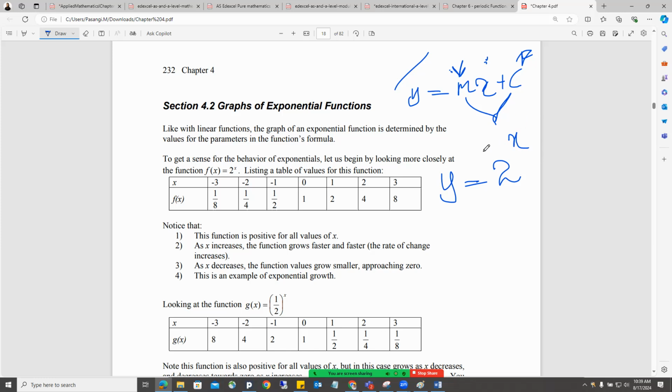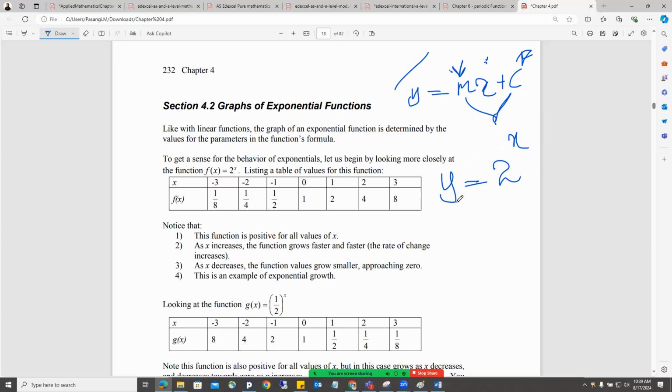Can you draw this graph and send it to me? This one is an exponential graph. Why? Because we have used the variable x, the input value x, as the exponent.